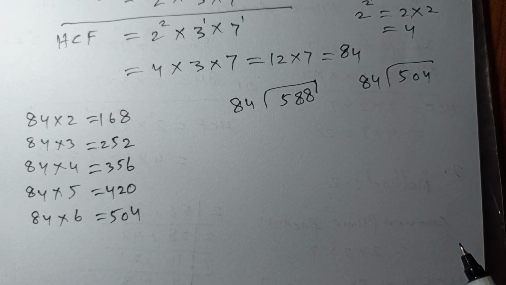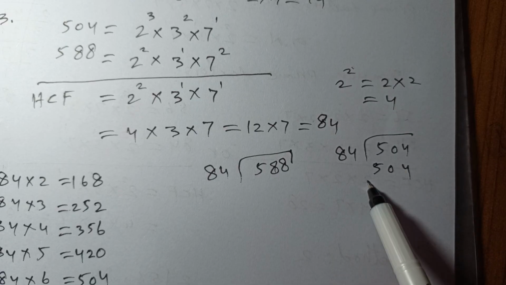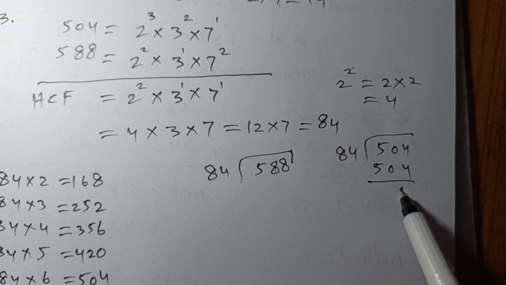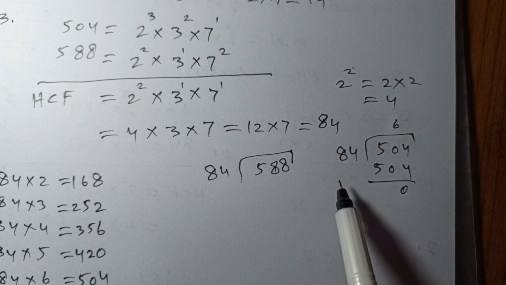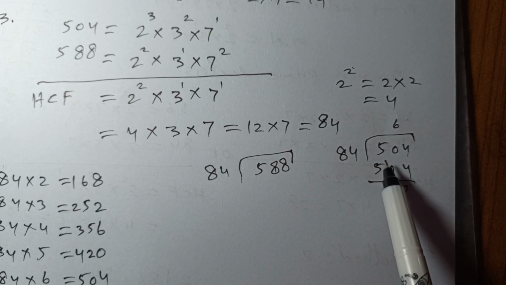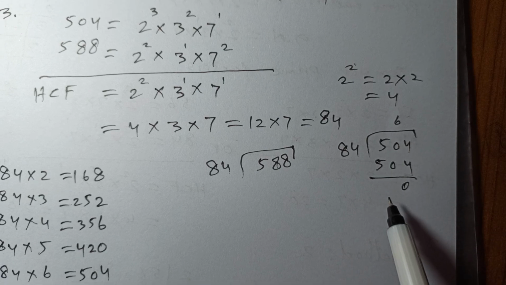504. So it means that 504, remainder 0, and here is 6. 6 is our answer. 84 has completely divided 504, giving us 6 as its answer, and remainder is 0.